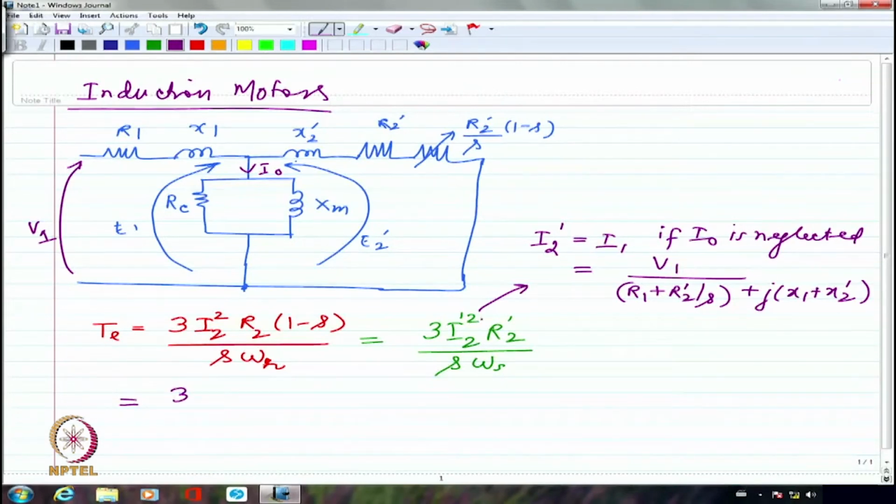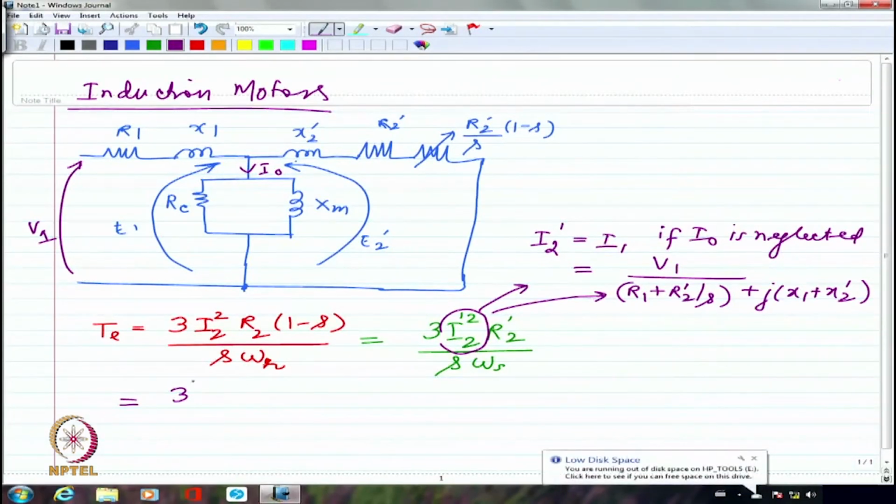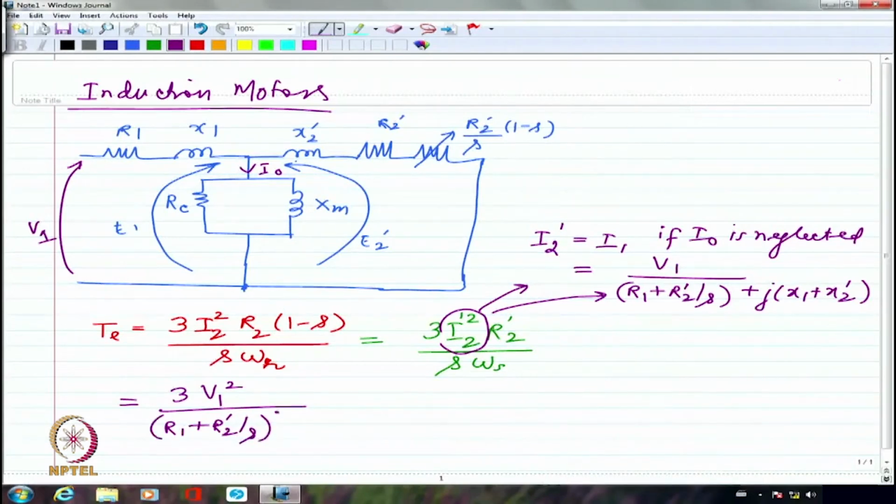I am just substituting for this I2 dash squared from here. So that is 3 V1 squared divided by (R1 plus R2 dash by s) the whole squared plus (X1 plus X2 dash) the whole squared. That has taken care of I2 dash. Now I am just writing R2 dash divided by s omega s. Right? So this gives me the overall torque expression.